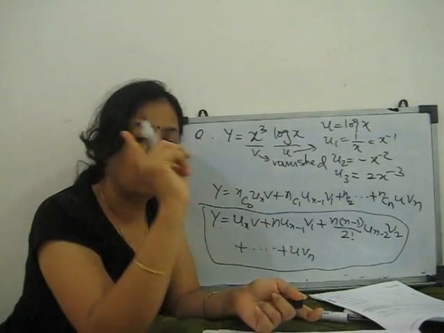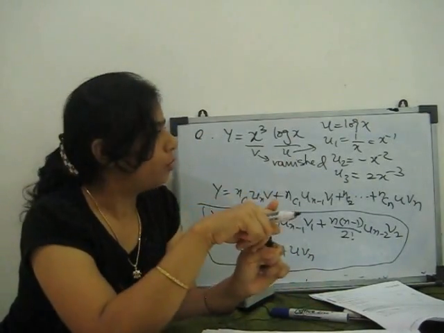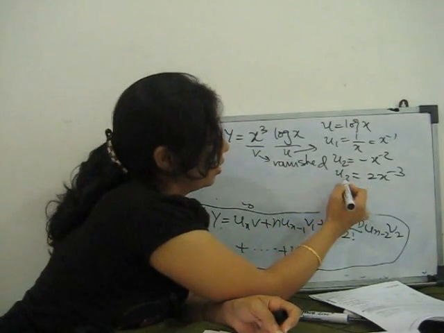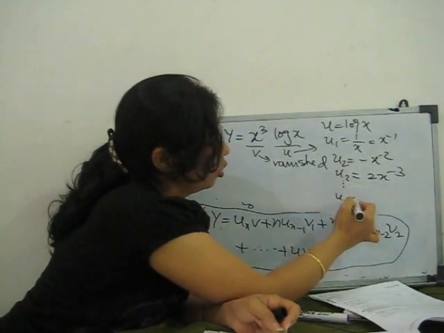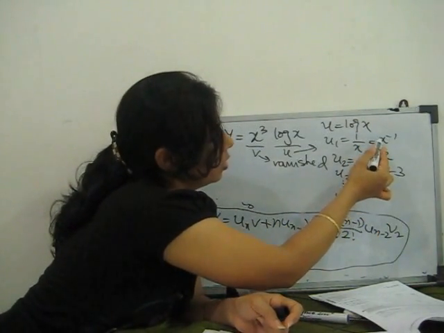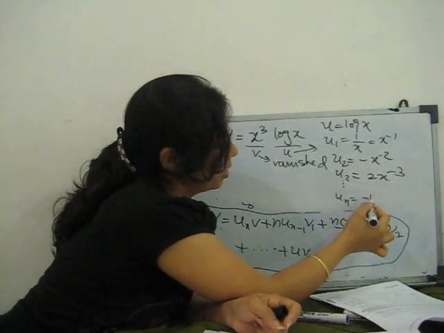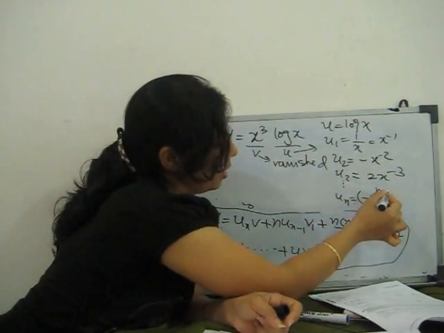So we have to find this in generalized form. So un has alternating signs, which gives minus 1 to the power n minus 1.